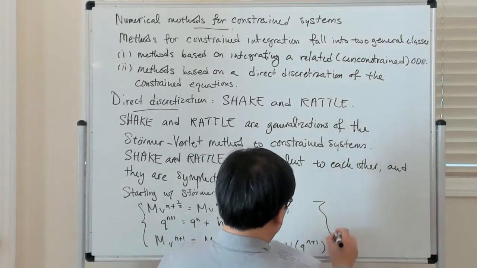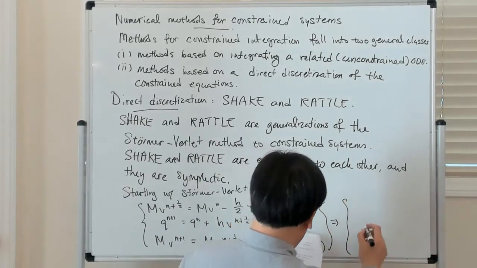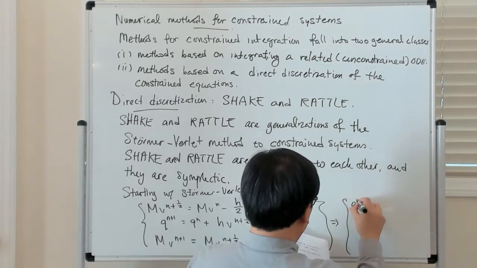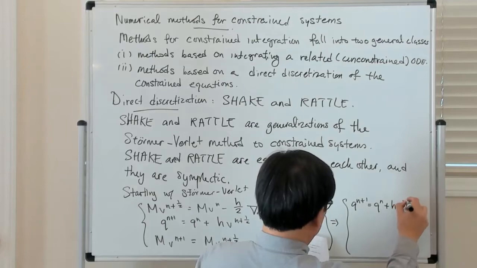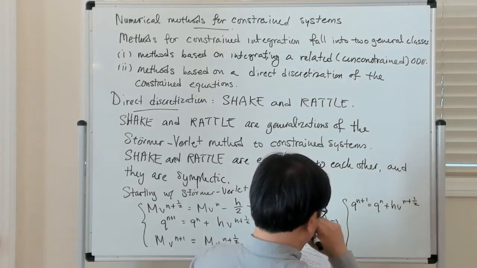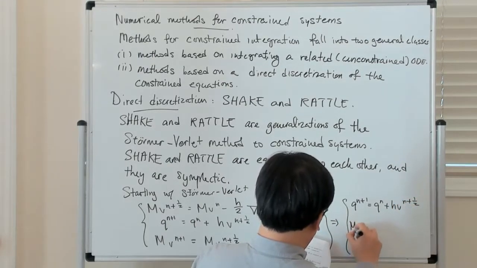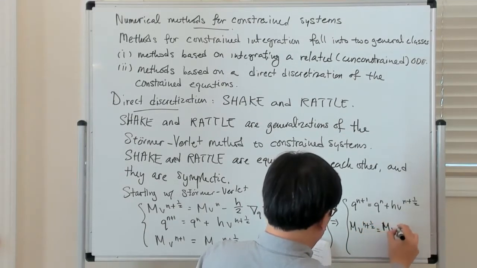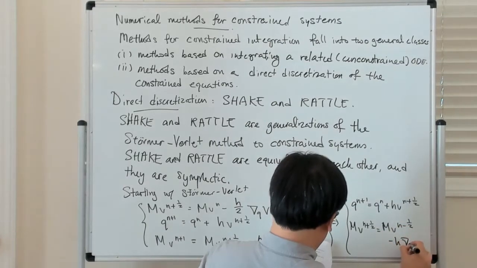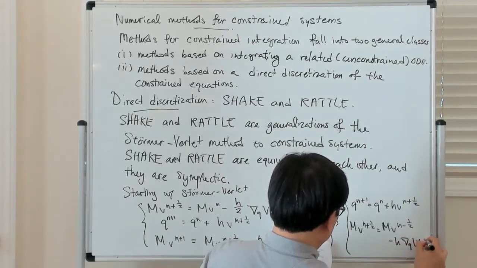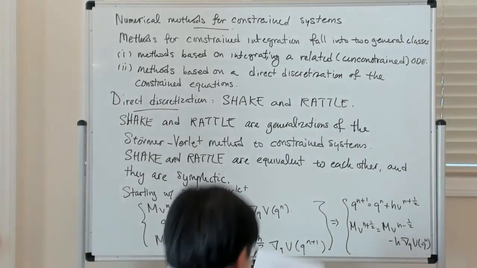If you do that, what you get is q^{n+1} is equal to q^n plus h v^{n+1/2}, and then m v^{n+1/2} is equal to m v^{n-1/2} minus h times the gradient of the potential at q^n.